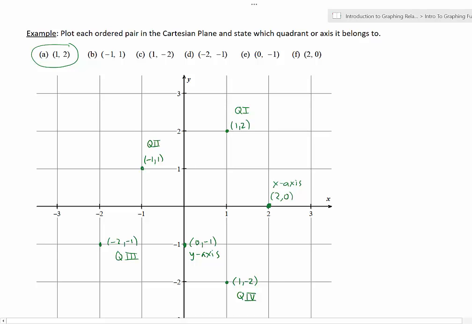There's 6 different points, one from each of the locations that you could actually plot in the Cartesian plane. And hopefully that gives you a decent idea of how to plot such ordered pairs in the plane. Now, when we graph an entire function, it all depends on what ordered pairs we have in the function, but when you plot all of the ordered pairs for a function, the result is what we call the graph of a function.